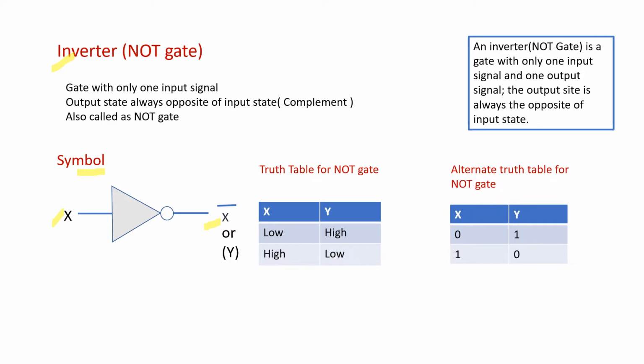We already had a look at the truth table of the NOT operation, and it is similar. When x is low, x bar, the output, is high, and when x is high, the output becomes low. And the alternative truth table for it is, when you give 0 as input, the output it produces is 1, and when 1 is the input, the output it produces is 0.